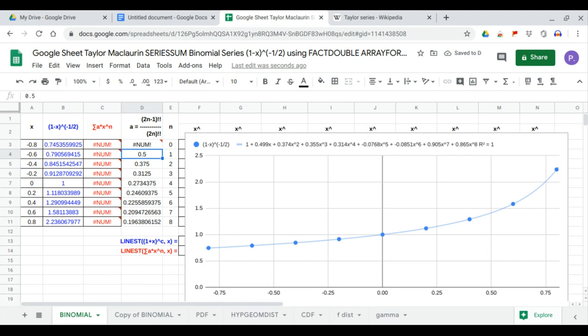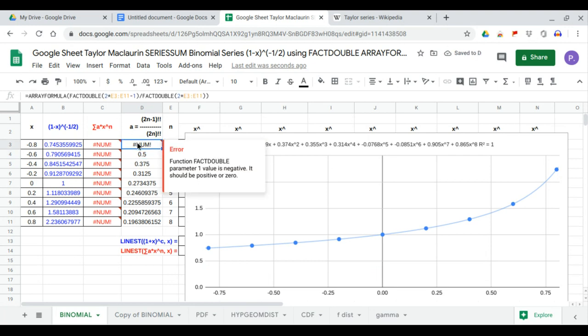Oh, there's an error. This should be 1. So we use IFERROR.